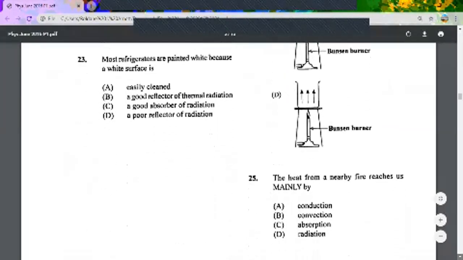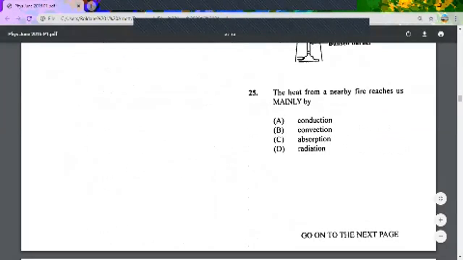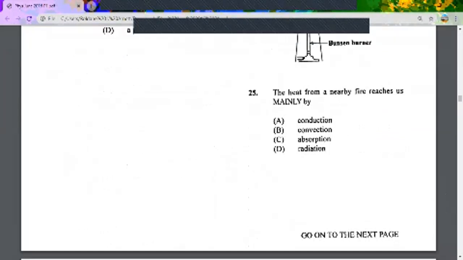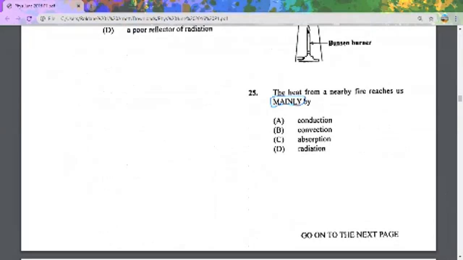25. Where is 25? Okay. The heat from a nearby fire reaches us mainly by... That is because it can reach us by conduction, convection, and radiation.